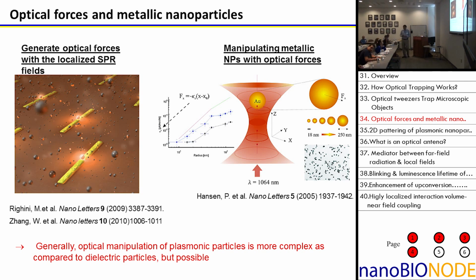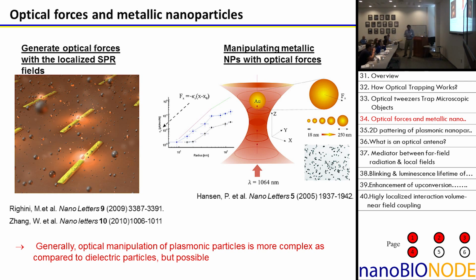So generally, compared to just, say, glass spheres or other dielectric spheres, the trapping of plasmonic nanoparticles is a bit more complicated, right? Because remember, we have different surface plasmon resonance modes. That means the interaction of light with those kinds of nanoparticles is highly dependent on the wavelength of light that you use.